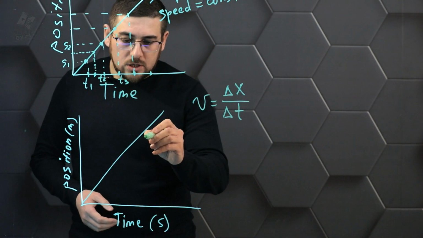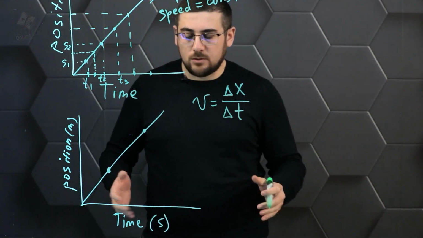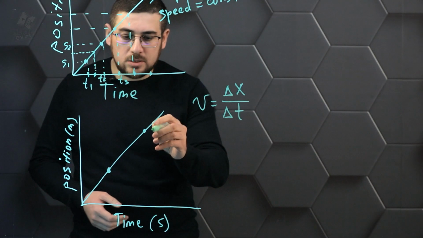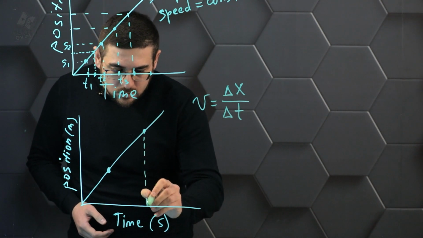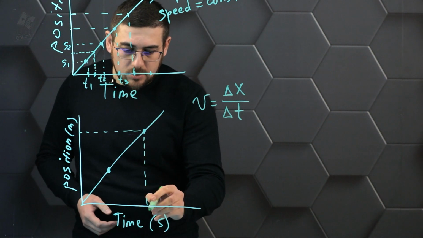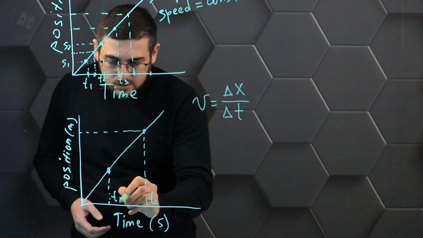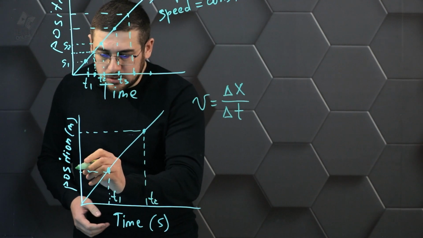In order to understand how much the body has moved for a given time, let us mark 2 arbitrary points on the graph. And now accordingly we will show that this point had some coordinate at a moment of time, let us say t2. Here accordingly it is the moment of time t1. Here it is with coordinate x1, and here it is x2.